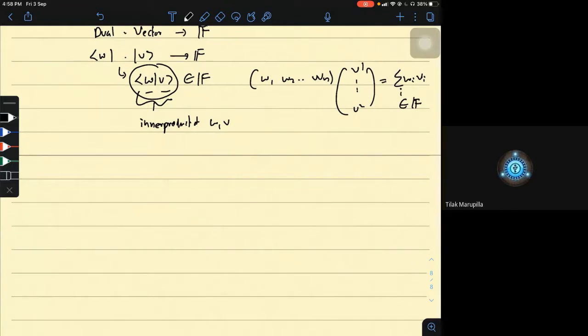The norm of a vector V belonging to the vector space is defined as the square root of the inner product of the vector with itself. This is something like the length of the vector.